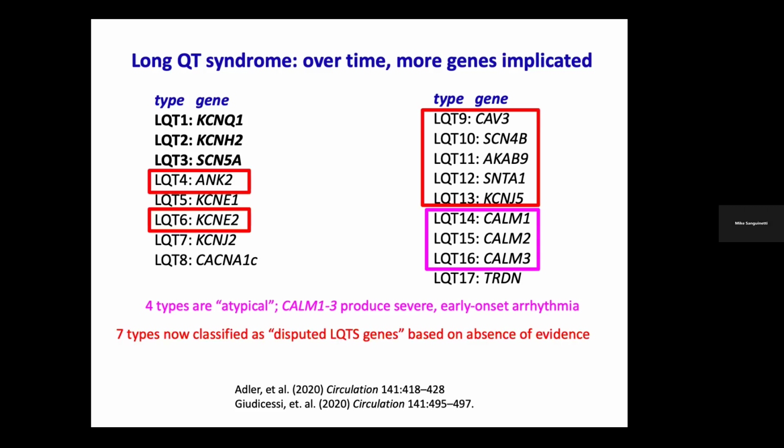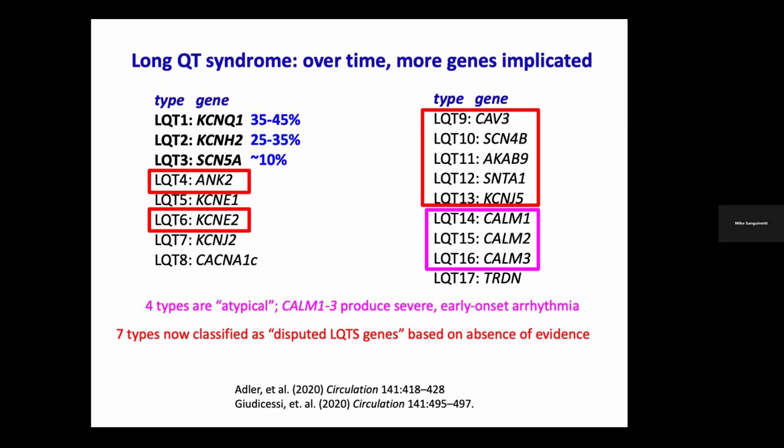And these 7 different genes and LQT types are now disputed based on absence of good genetic or physiological data. So you're left now with really just these 3 and these 3 and maybe that one. So there's not that many genes that cause long QT syndrome. Now, these are all probably associated with arrhythmia, but it's not long QT.